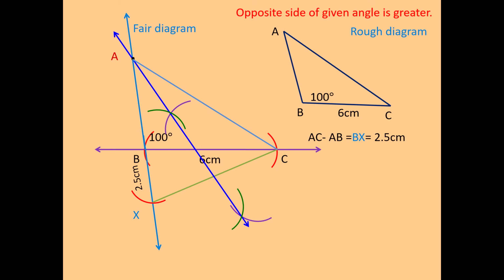Clear? Now when AX equals AC, and from that if you remove 2.5, what will it become? AB will be smaller than AC, and you can form a statement like this: AC is greater than AB by 2.5 centimeter, and therefore AC minus AB equals 2.5 centimeter.